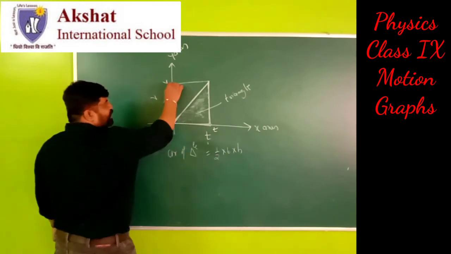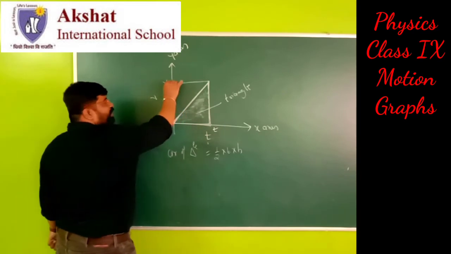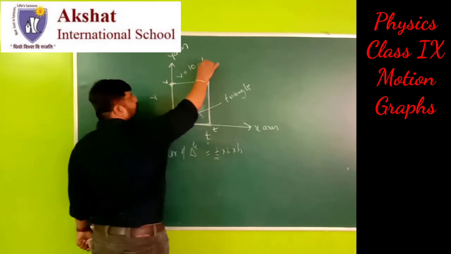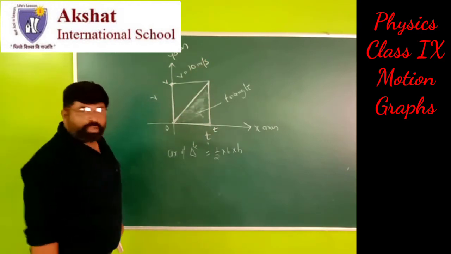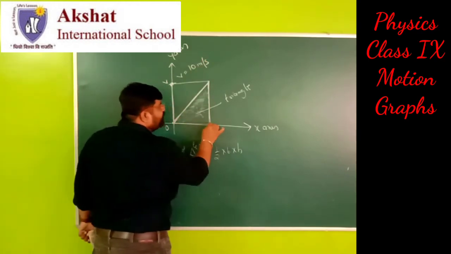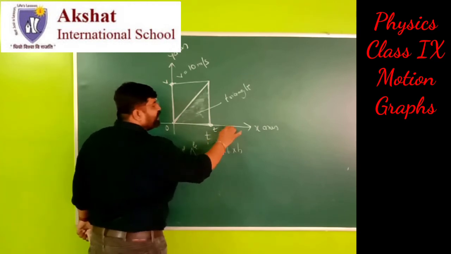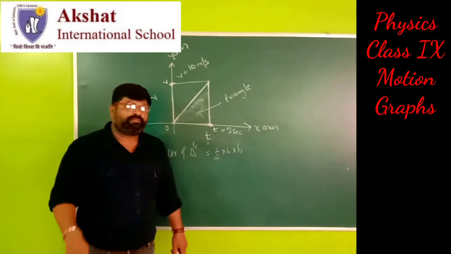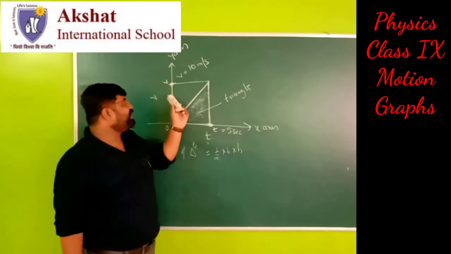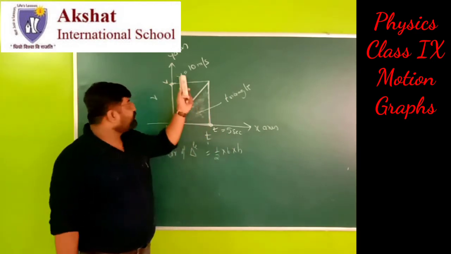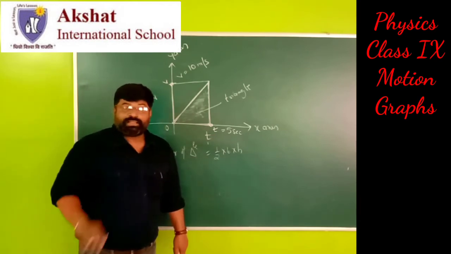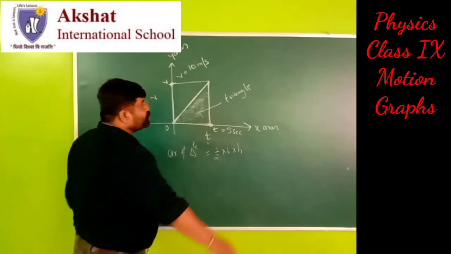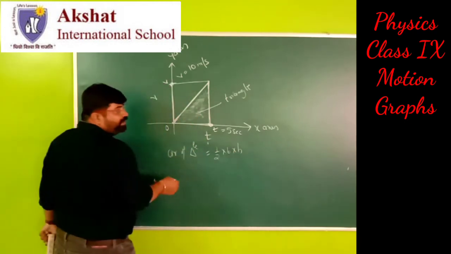Say here at this point, the velocity of the object is 10 meters per second, and say the time is 5 seconds. So if the object is moving with uniform acceleration, and the velocity after 5 seconds is 10 meters per second, then what will be the displacement of the object? Here again we will find the area.